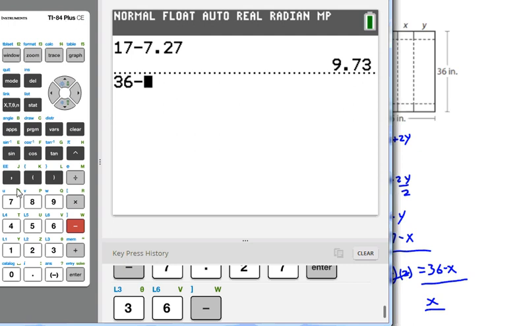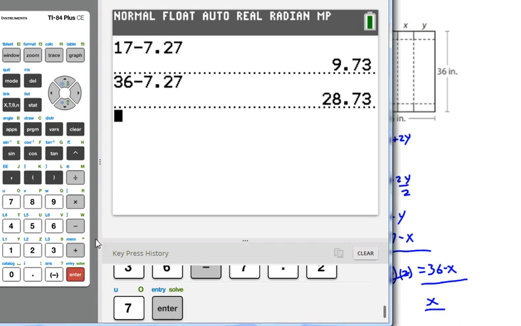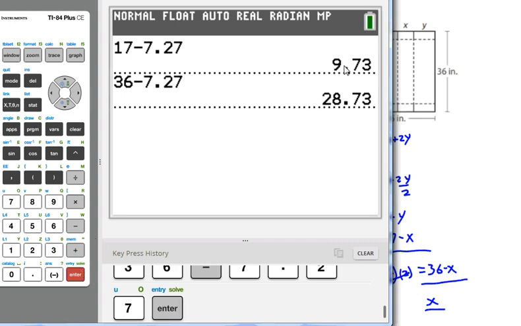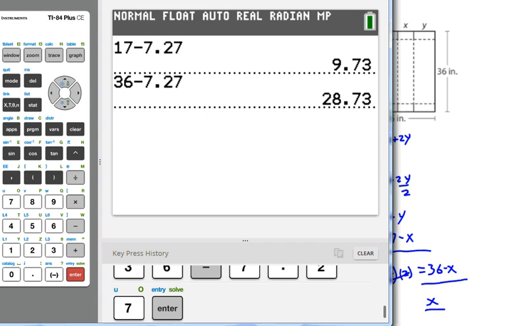It has to be a dimension of the box. Yeah, that'll be right. Here are the dimensions: 9.73, 28.73.